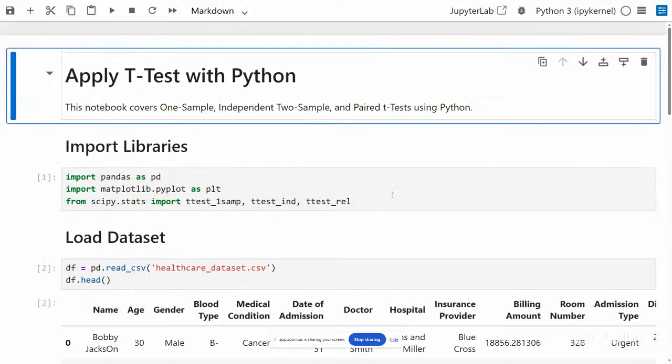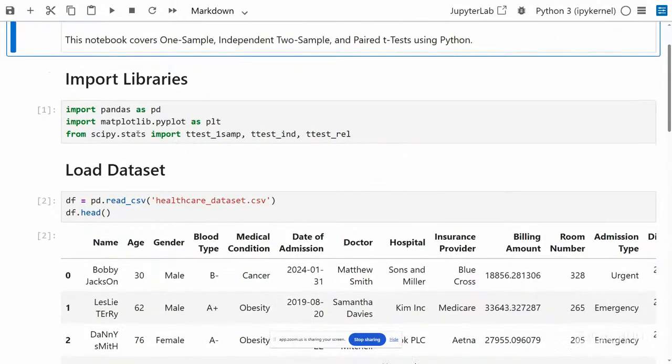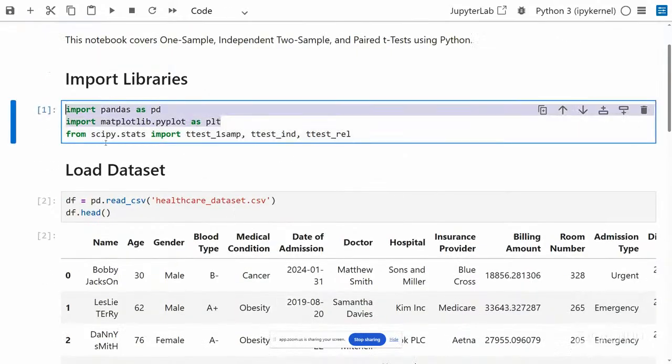Yes. So here we have these libraries we are familiar with, and from the scipy.stats library we are using three tests. Here you can see ttest_1samp, ttest_ind, and the t-test for dependent samples, the paired t-test, the last one.